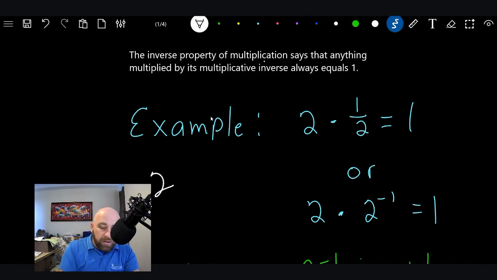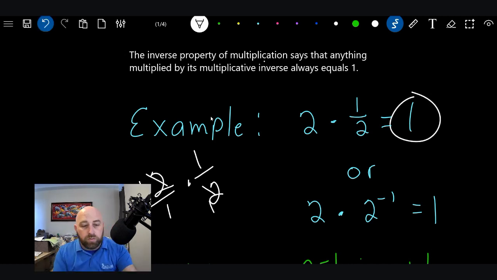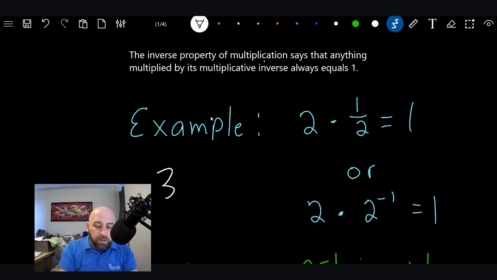So we could do 2 over 1 times 1 over 2, and these cancel out. That's the thing about the multiplicative inverse: when you flip it, it always cancels out, so it always equals 1. Doesn't matter what it is, 3 times 1/3 cancels and gives you 1. It always does. That's a law of mathematics.